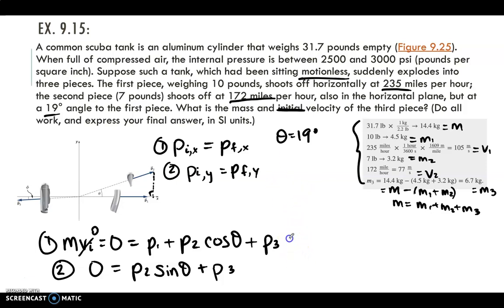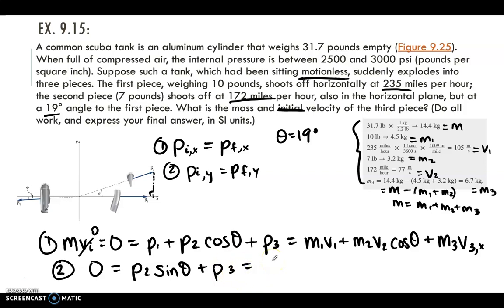So I'm going to go ahead and rewrite this now as m1 v1 plus m2 v2 cosine theta plus m3 v3 comma x, because I don't know exactly what that's going to be yet. I don't know if there's some angle here. There might be, and we'll have to figure that out.